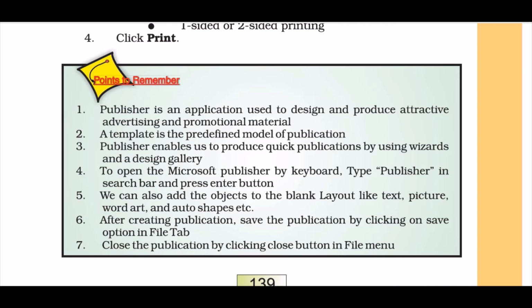To open Microsoft Publisher by keyboard, we can type in Publisher and press enter. We can also add objects to a blank layout like text, picture, word art, and auto shapes. After creating a publication, save it by clicking the save option in the file tab, and close the publication by clicking close in the file menu.